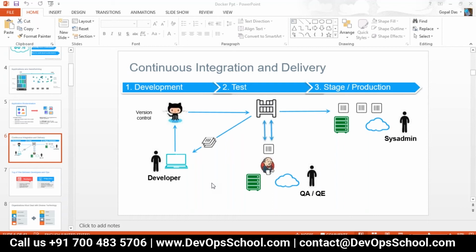Seamless application development, testing, and deployment without much dependency on each stage. Okay. Anything else?